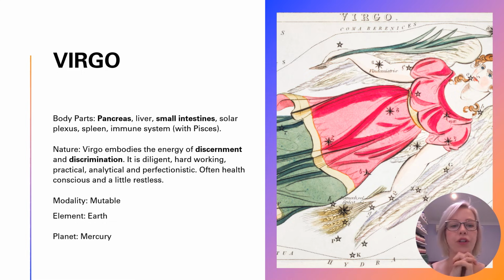Virgo, beautiful Virgo. Virgo rules the pancreas, liver, small intestine, solar plexus, spleen, and has some immune system rulership along with Pisces. So real focus on the small intestines with Virgo. Virgo embodies the energy of discernment and discrimination, as a personality characteristic, but also as a function of the small intestines and the digestive system.